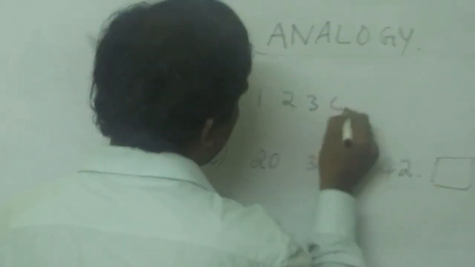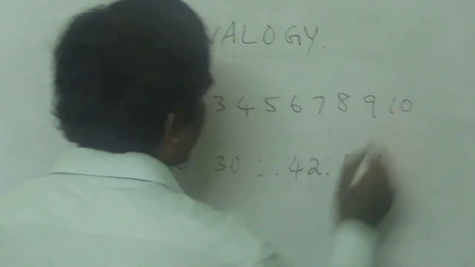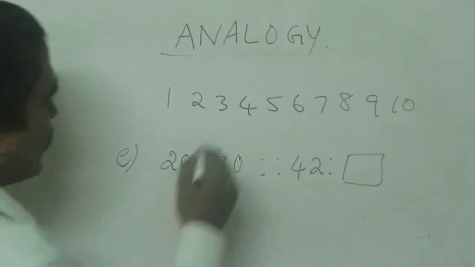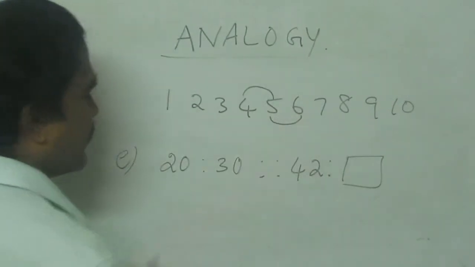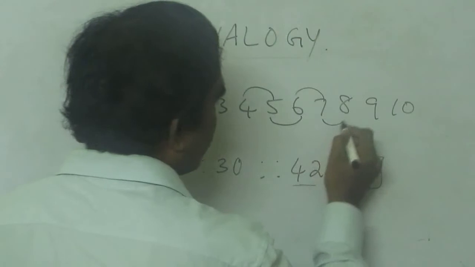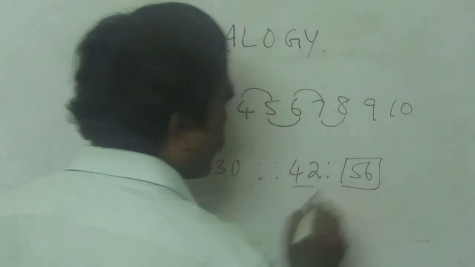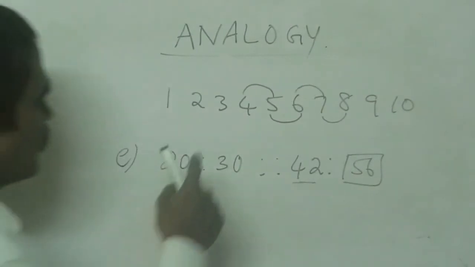1, 2, 3, 4, 5, 6, 7, 8, 9, 10. Okay, 20, that is 4 5s are 20, becomes 30, 5 6s are 30. 6 7s are 42, would become 7 8s are 56. Are you clear what I am doing? Just the product of two consecutive numbers.